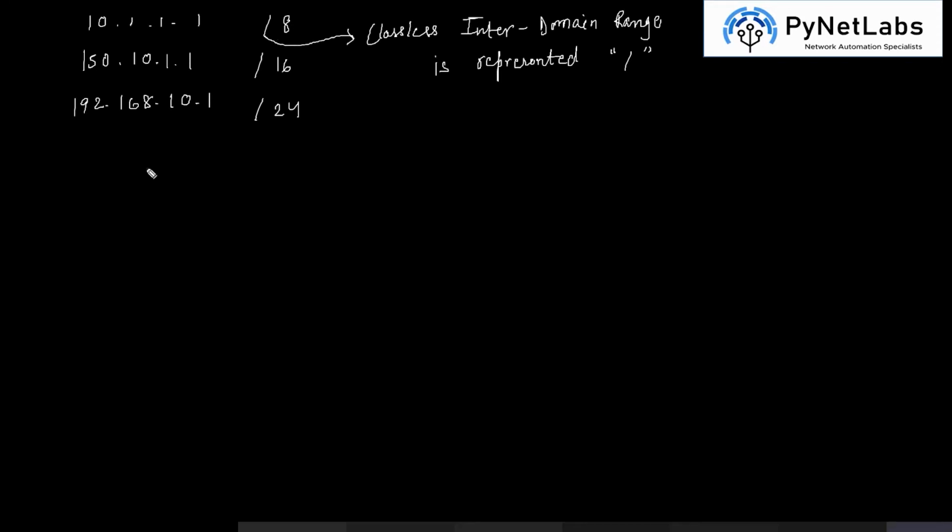Now, when we look at the network bits of class A, we have n.h.h.h. Let me write this for class B and C also.